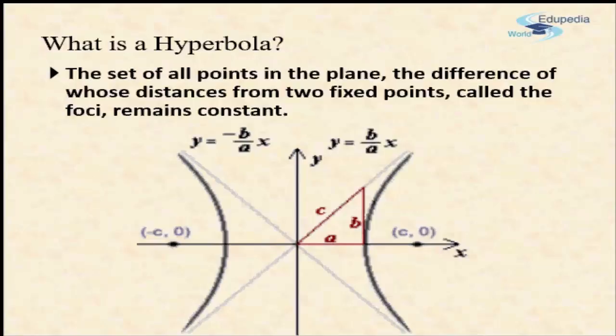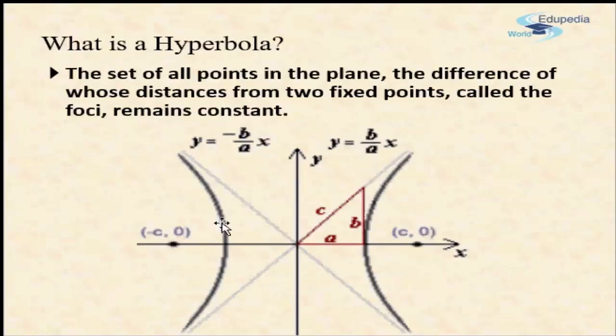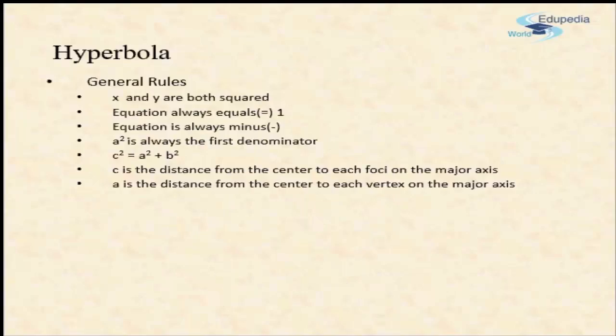And what does the c represent? c is the distance from the center to each of the foci on the major axis. So you have this center over here, and c is the distance from it to each focus.